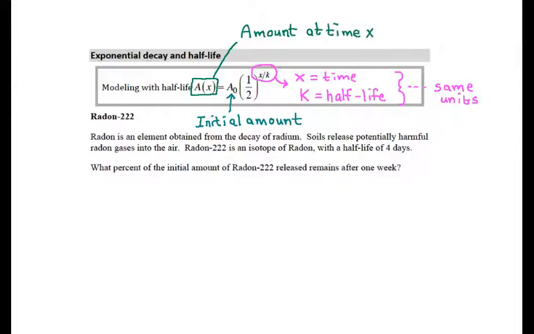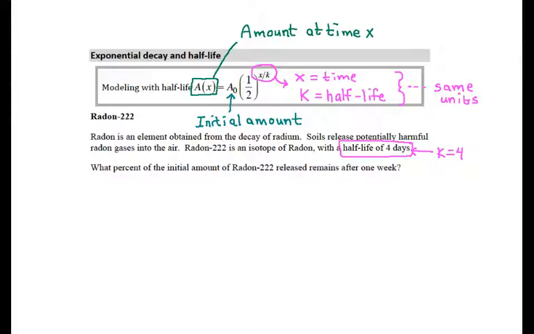So if we look at this first example, we're looking at radon 222, which is an isotope of radon, and it has a half-life of 4 days. So right away we have a value of k, and we also have units for x and k. We'll say that k is equal to 4, and know that our time variable must be measured in days.